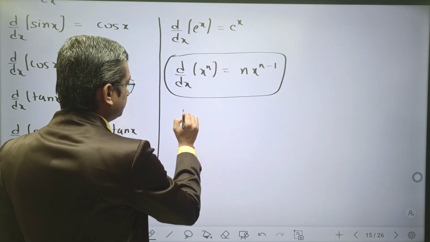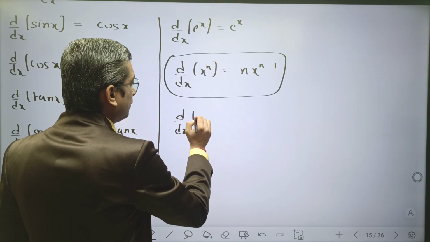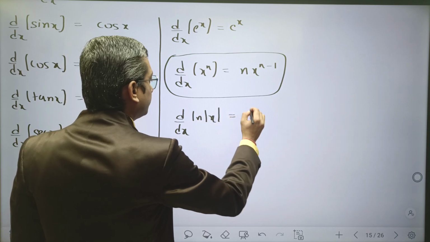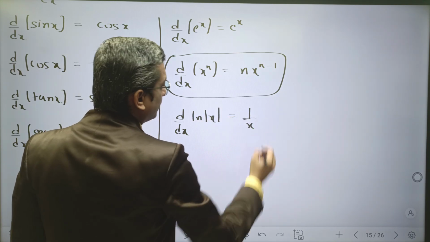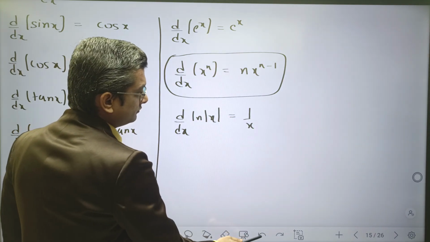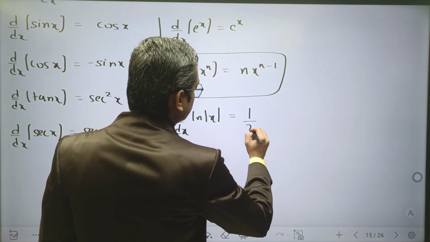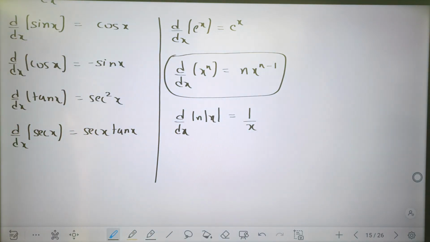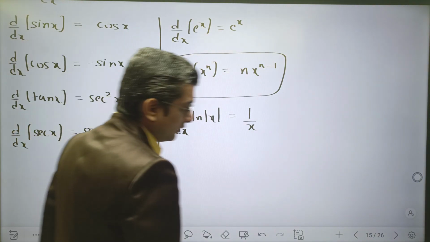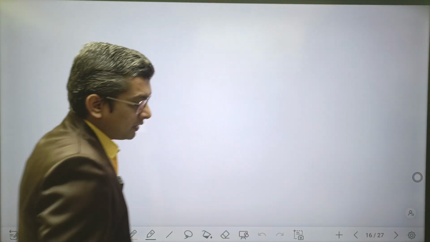And d by dx of log x is equal to 1 by x. So these are some basic formulas we have, isn't it? On the basis of these formulas, let us have some examples.